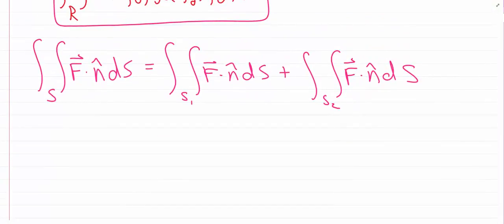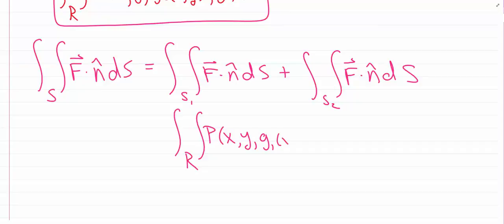Okay, so this one is going to be this. And then what do we have in there? We had P. Now this is surface 1, x, y, and what was it? g1 of xy dA. And there was a negative out front, right?